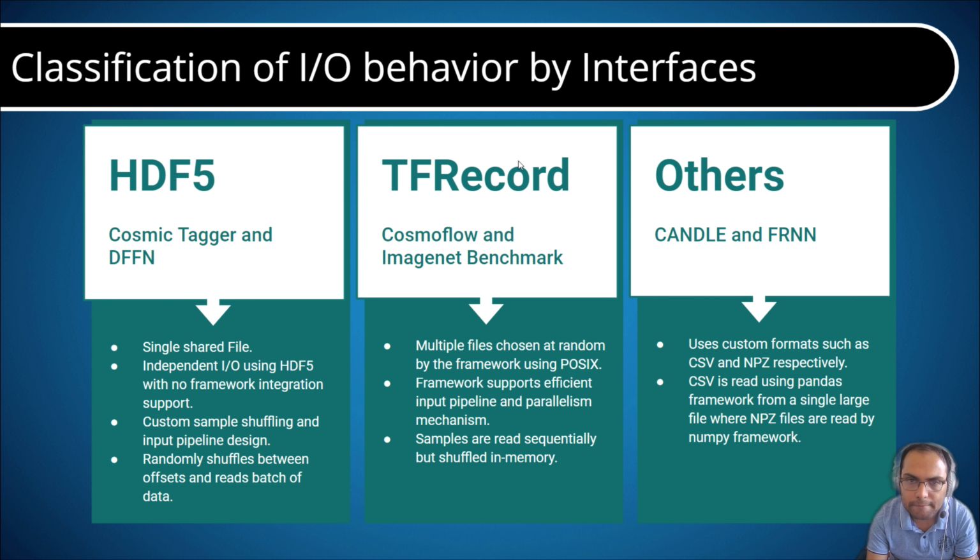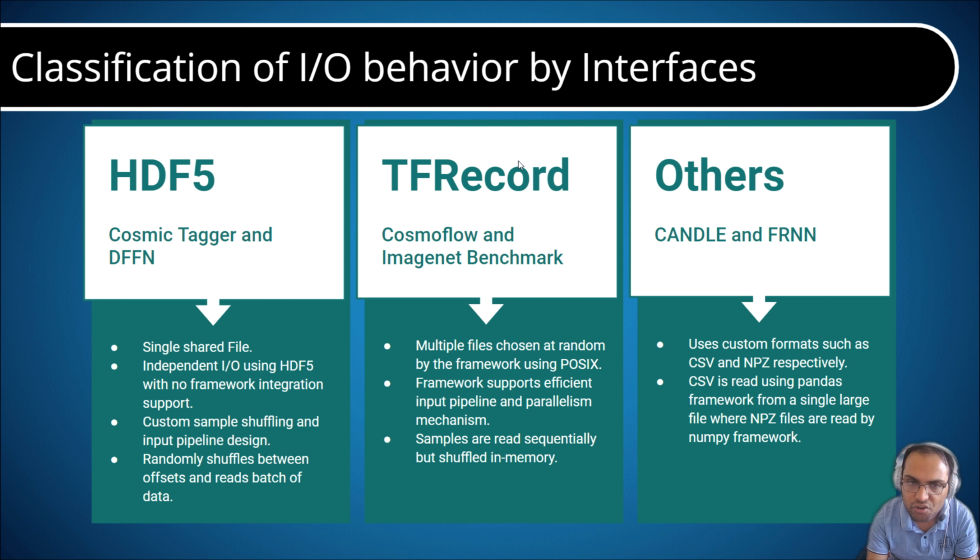Based on our understanding, a general classification between the 8 applications can be made based on the data formats they use. Cosmic Tagger and DFFN utilize HDF5, CosmoFlow and the ImageNet benchmark use TFRecord, and Candle and FRNN use their own custom CSV and NumPy array formats respectively.